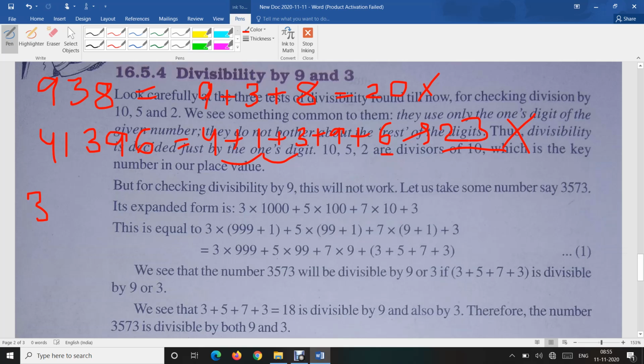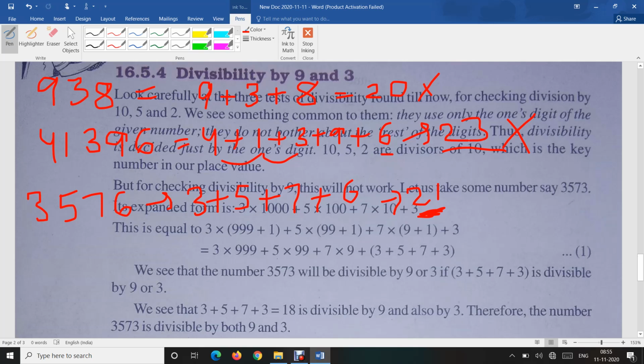Okay, now check for another number. Suppose you have 3576. So check 3 plus 5 plus 7 plus 6. 3 plus 5 is 8, 8 plus 7 is 15, 15 plus 6 is 21. Okay, now can this 21 be divided by 3?